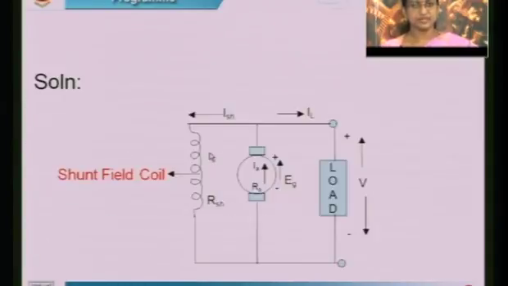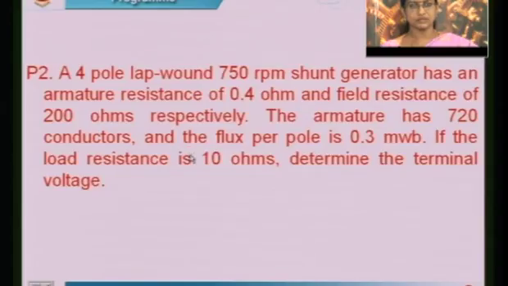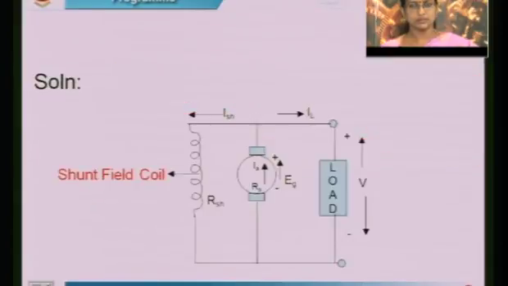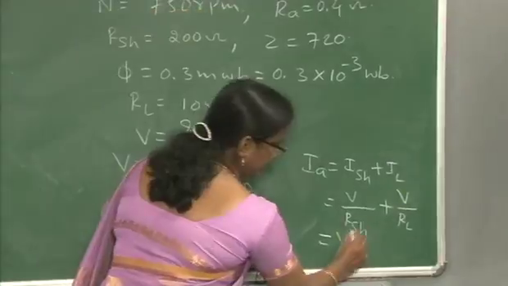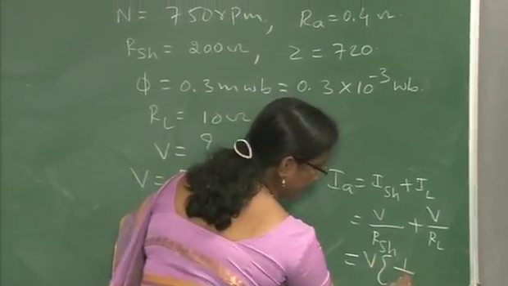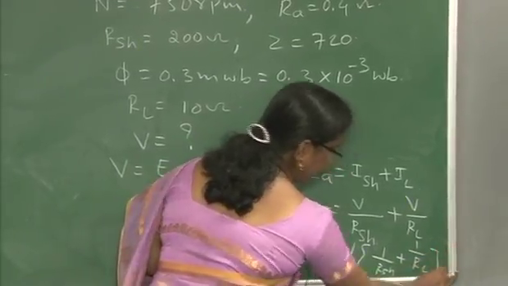So in this figure I already explained the shunt field is connected in parallel with the armature. So for that one, the combined resistance you can calculate like that, or you can calculate this separately. Otherwise, when you are taking this V outside, what will be this, 1 divided by RSH plus 1 divided by RL. What it indicates?